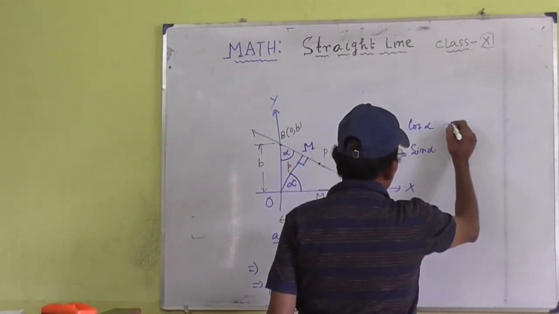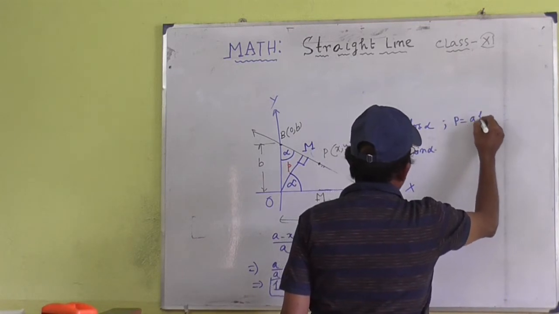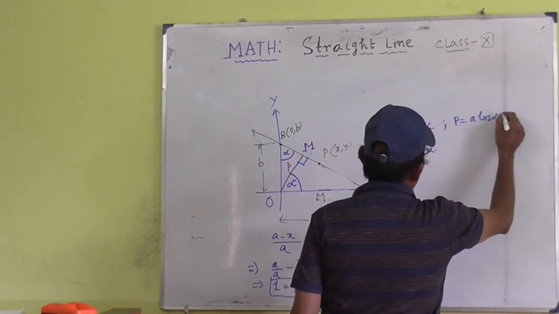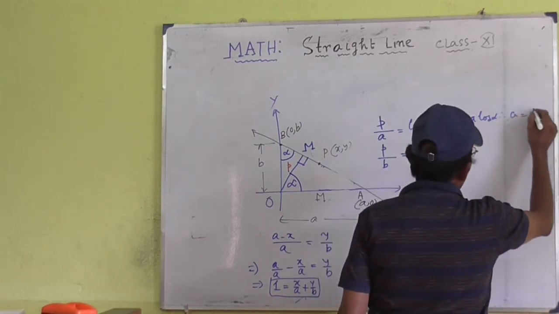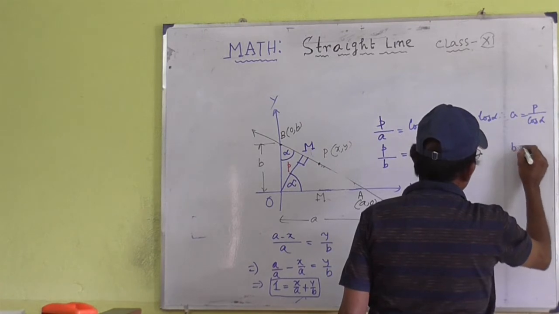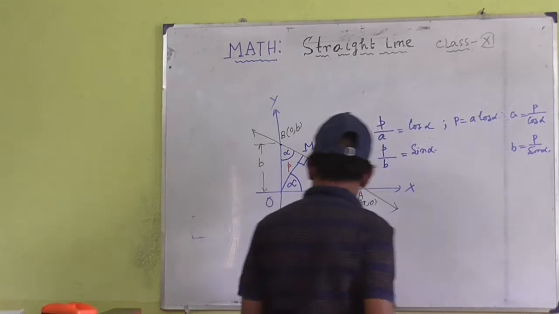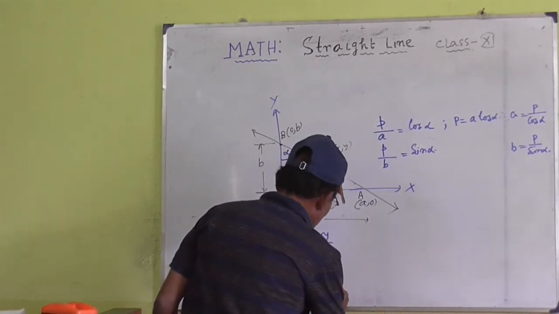So P equals A cos alpha, hence A equals P by cos alpha. Similarly, B equals P by sin alpha. Clear?